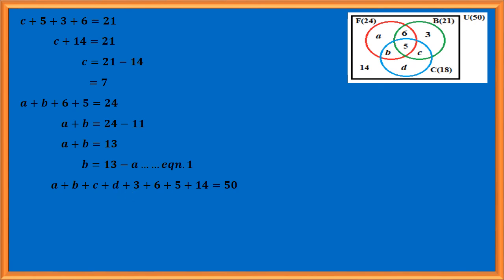So we'll now have our A here plus the B, which will now be 13 minus A, plus C, which is 7, so plus 7, plus D, plus 3, plus 6, plus 5, plus 14, equal 50. So that this A and that will cancel. So the remaining variable here will now be D. And when we add all the numbers, we'll have 48. So D plus 48 will be 50. That gives us D to be 50 minus 48, which is equal to 2.